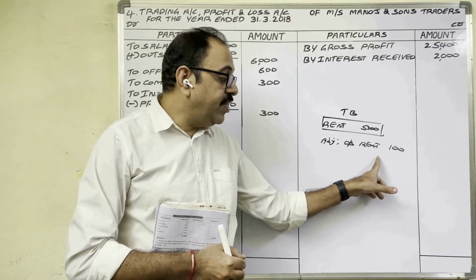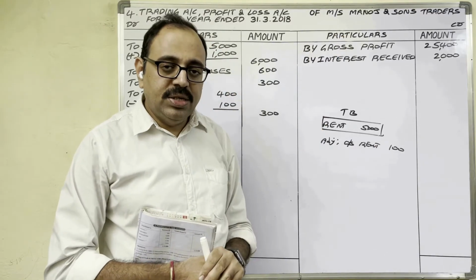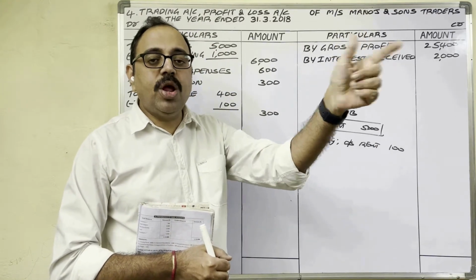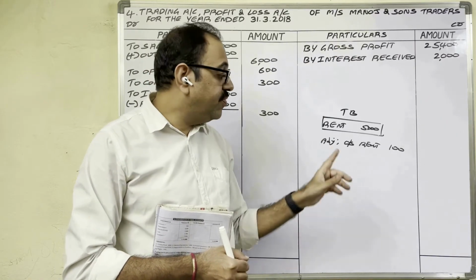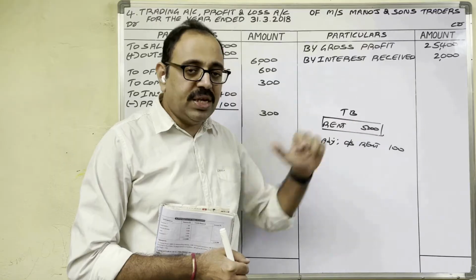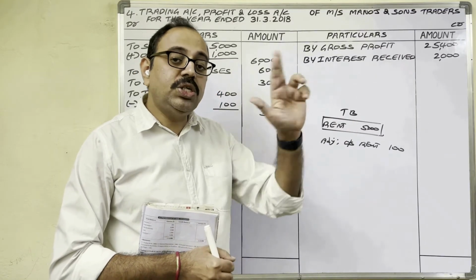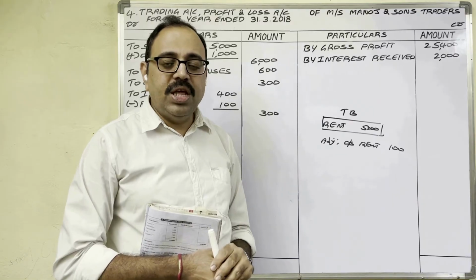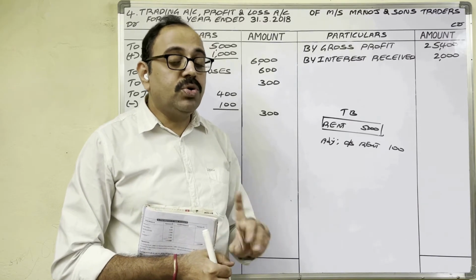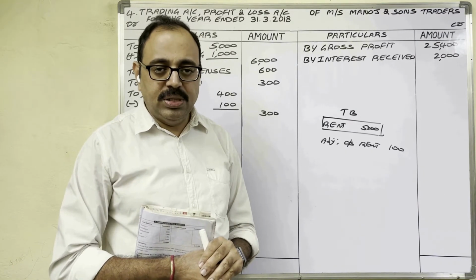And showing this 100 in next year is also not correct, because that 100 expenditure belongs to the current year. Money is going out next year because the firm is going to pay that 100 rupees next year. Even though cash is going in next year, that expenditure belongs to the current year. Therefore, in the current year final accounts only we have to show that 100 rupees.